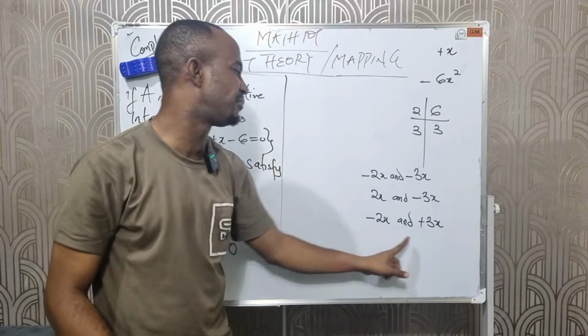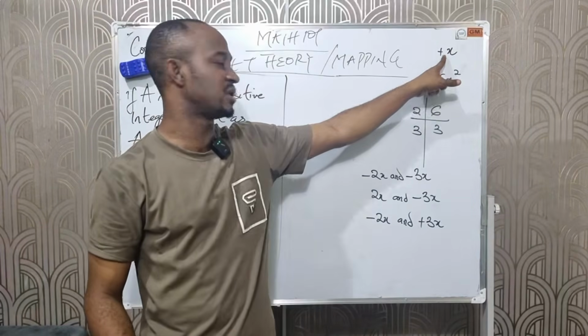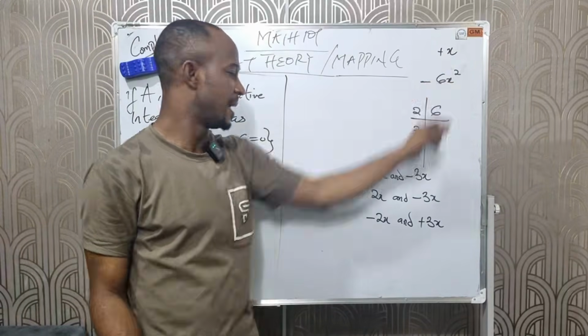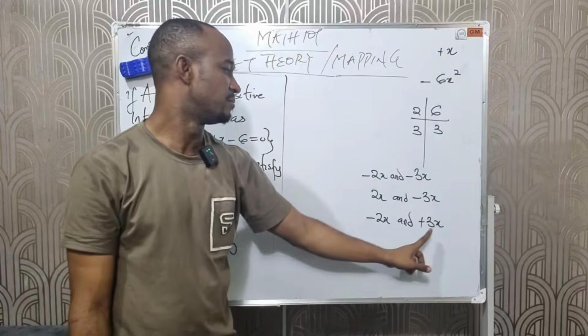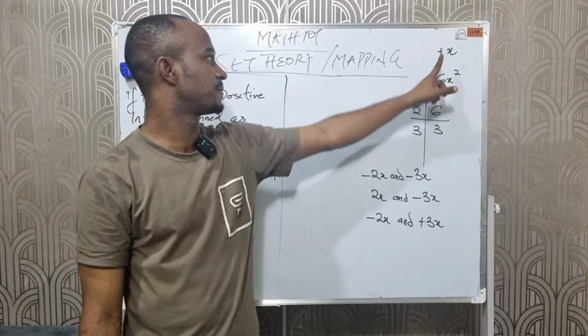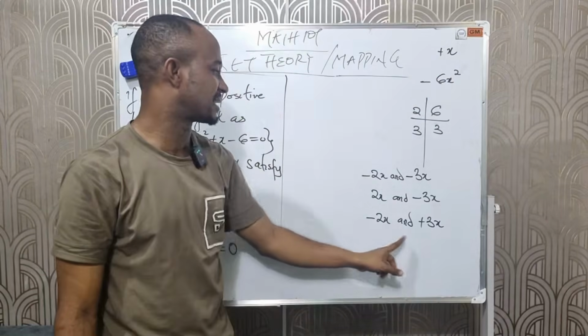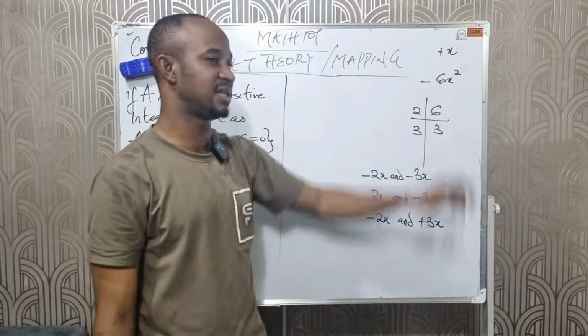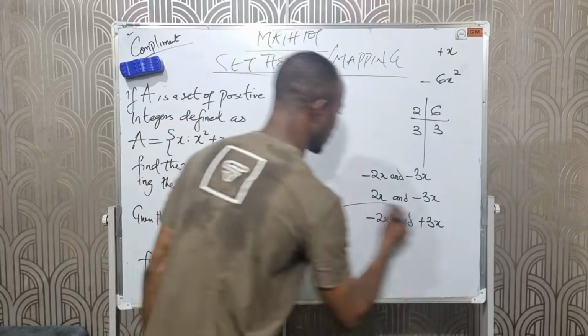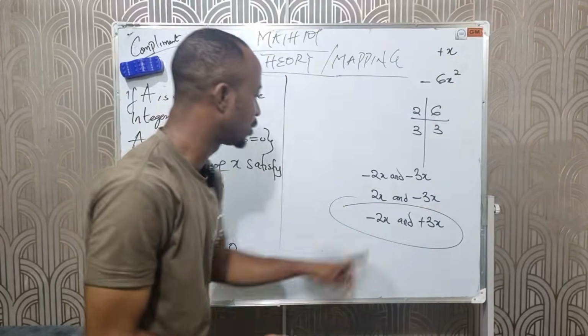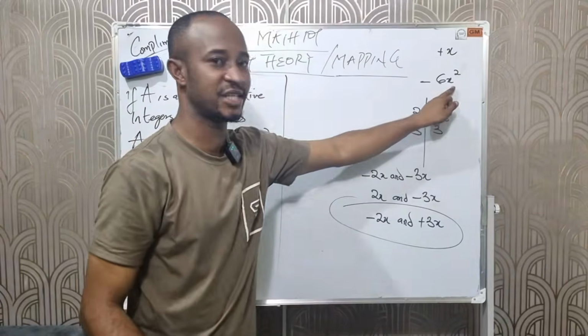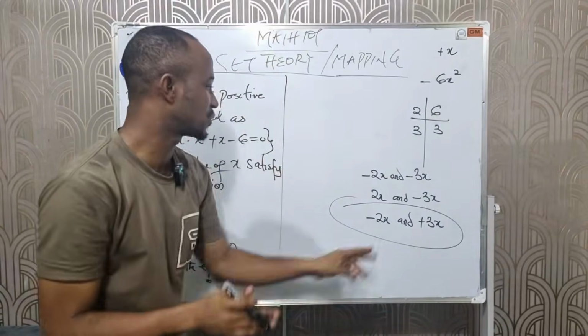Minus 2x plus 3x gives us plus x. I hope you are aware. Minus 2x plus 3x is plus x, and minus 2x times 3x is minus 6x squared. So these are the two factors I'm looking for, because their product gave us minus 6x squared, and their sum also gave us plus x.